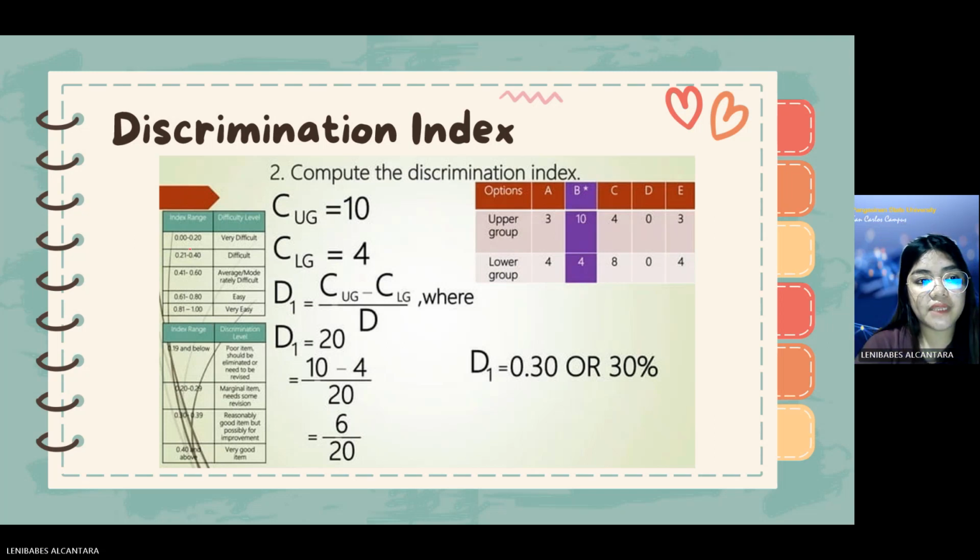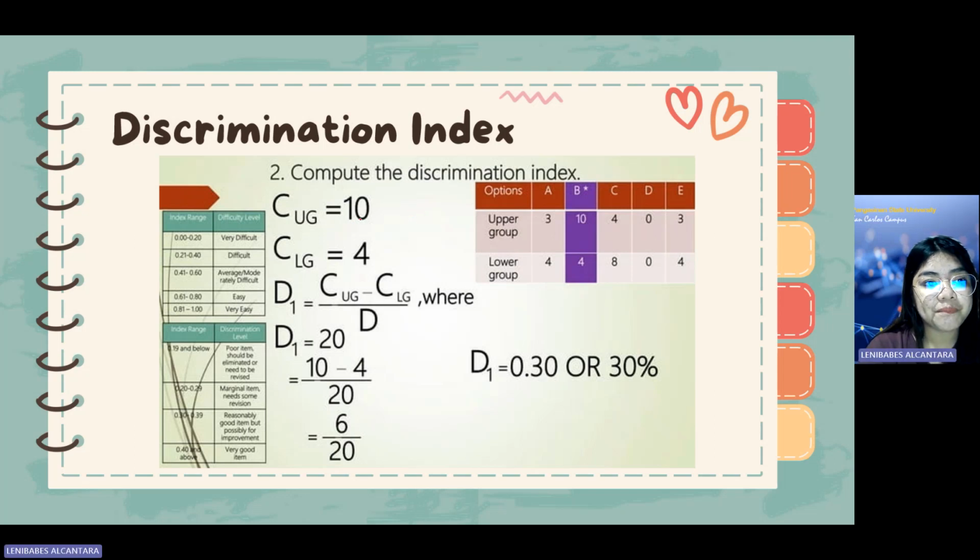So, this is an example. Same lang ng table ng example ito, pero for this time, discrimination index naman ang kunin natin. Paano naman yung discrimination index? Of course, I already told you a while back that we have to subtract those students who got the correct answer from the upper group minus those students who got the correct answer from the lower group.